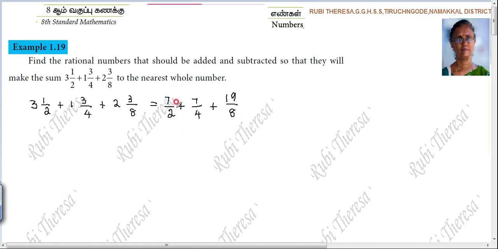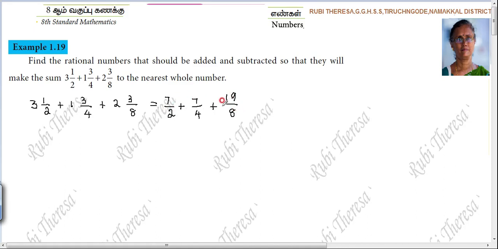So now you got it in the P by Q form, isn't it? So you have to see whether it is in standard form. Yes, it is in standard form because 1 is the common factor for both numerator and denominator. There is no negative symbol in the denominator, isn't it?